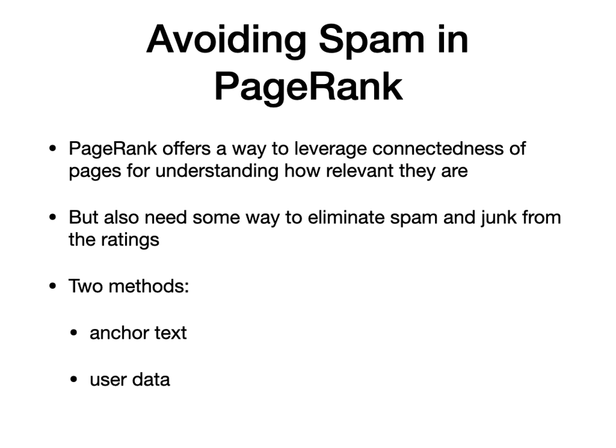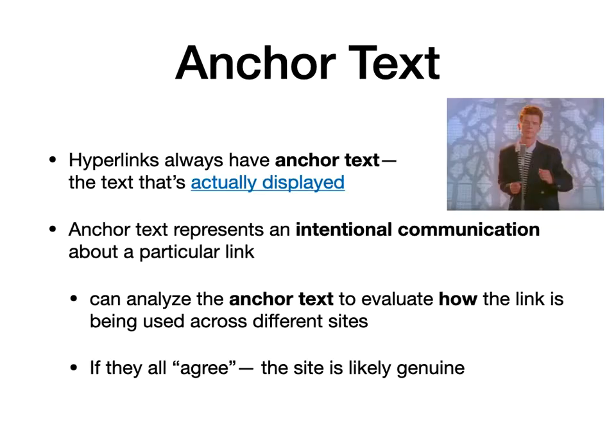So there are two methods, both employed by Google, which are quite useful. We can talk about the anchor text and user data. These are two approaches; this is more the user-centered, or the web page centered approach.